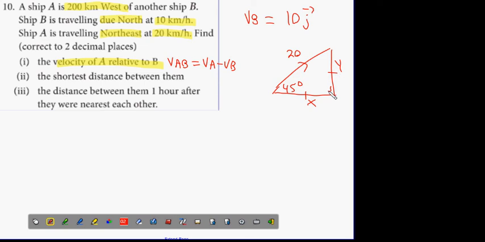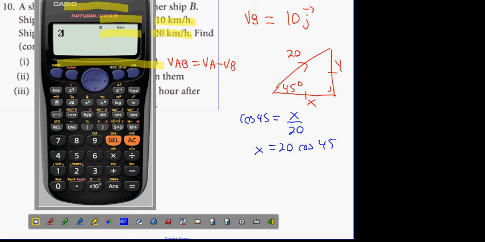Isosceles triangle. So what we're going to do here is say cos 45 equals x over 20. X therefore equals 20 cos 45. What's 20 cos 45, anybody? 10 root 2, yeah. Okay. Exceptional on the calculator as always, lads. Now, 10 root 2.